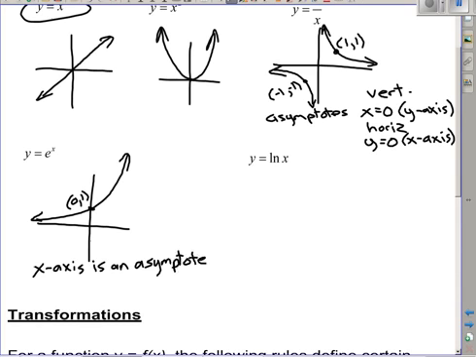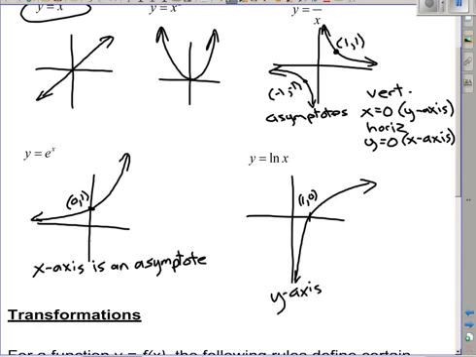Okay, y equals ln x is just the inverse of the exponential graph. It passes through the point (1, 0). And on this one, the y-axis is an asymptote. And that's because you can't take the log of 0 or a negative number. So this only exists for positive values for x.